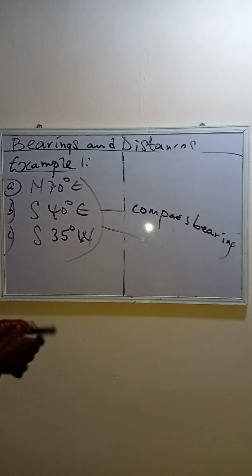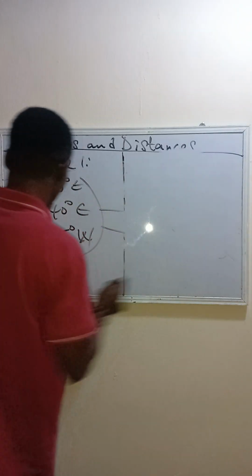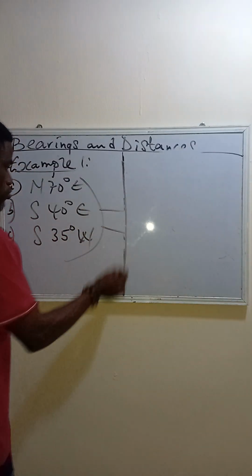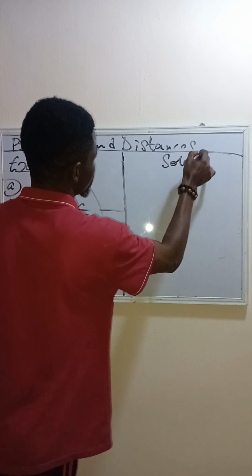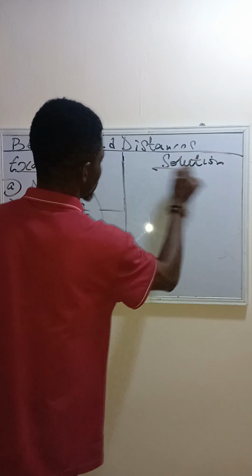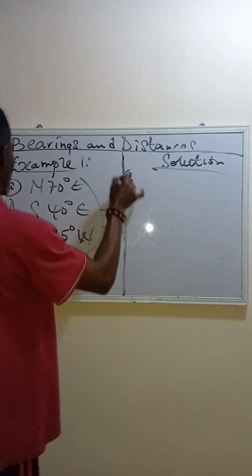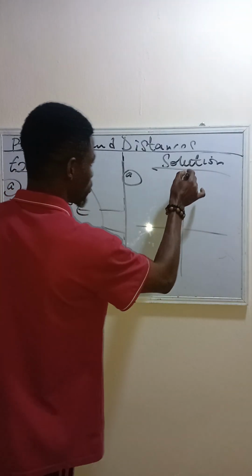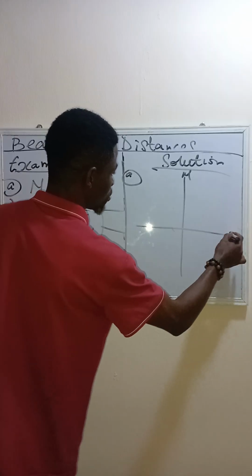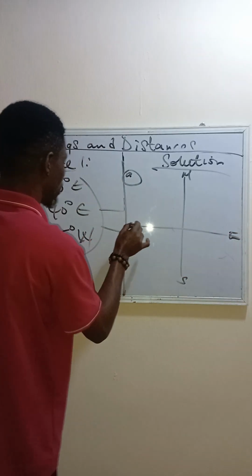So how do you draw them? The first thing you do is to draw your course, that is your four cardinal points, which is north, east, south and west.